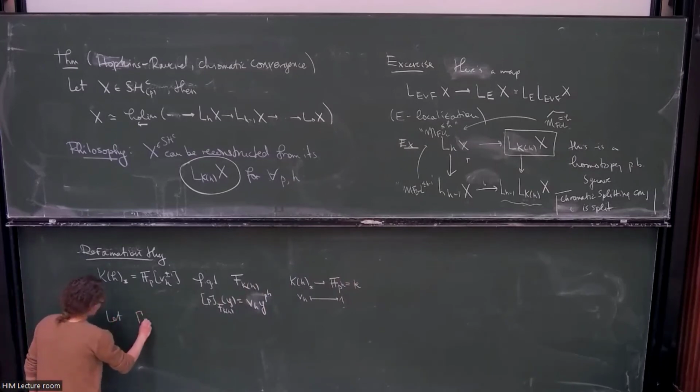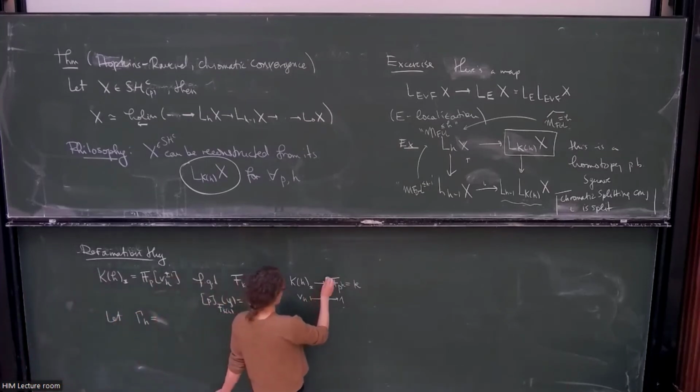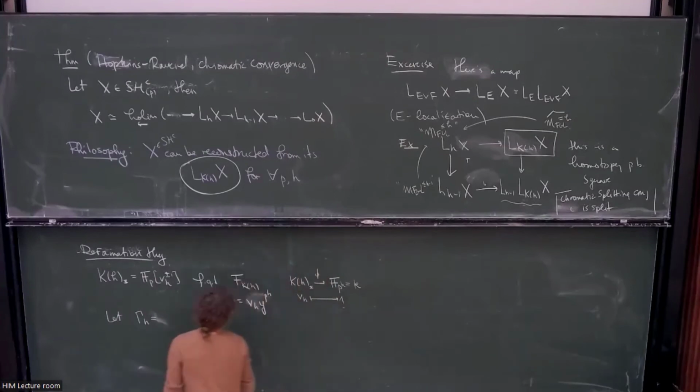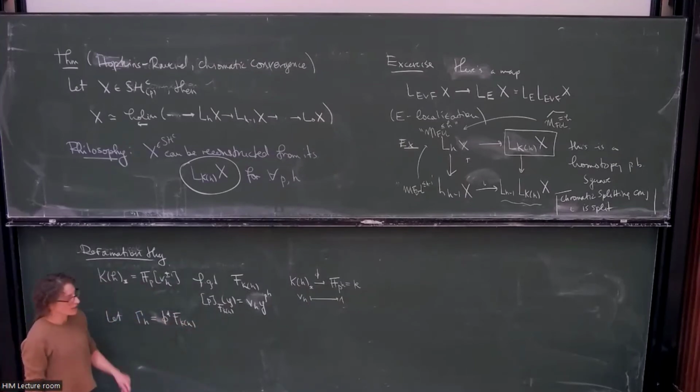And then I'm gonna let gamma H be the group law that I get from this map. I'm not gonna need this map very long. So I just take the formal group law and I apply this map to all the coefficients, okay?